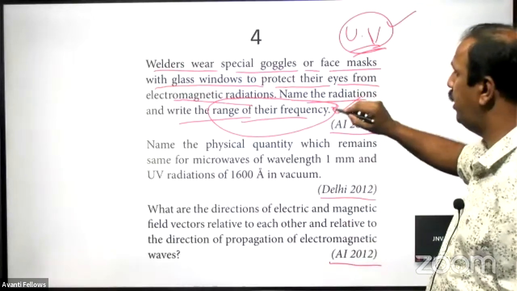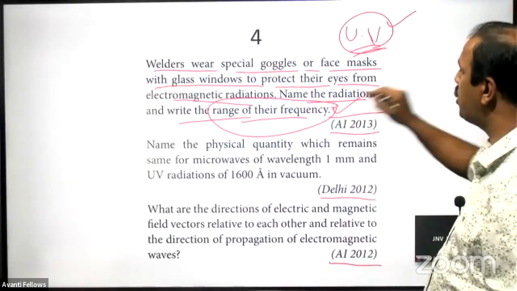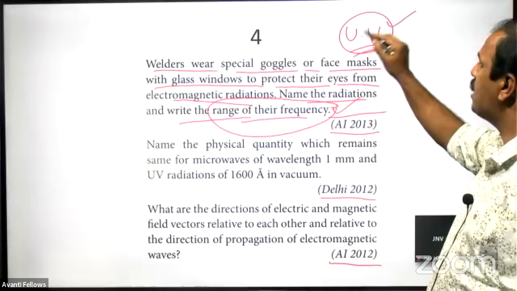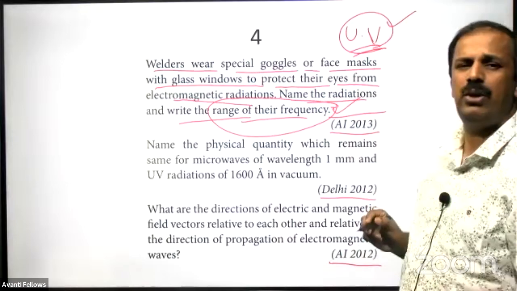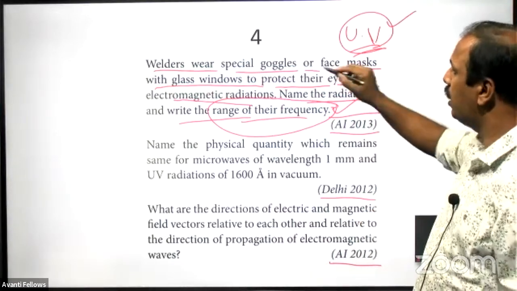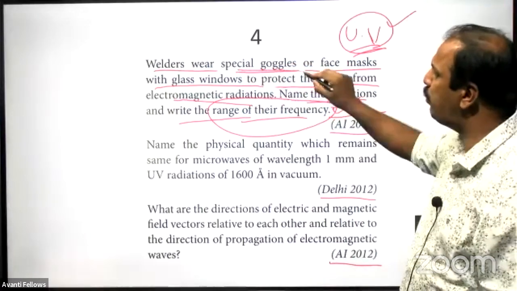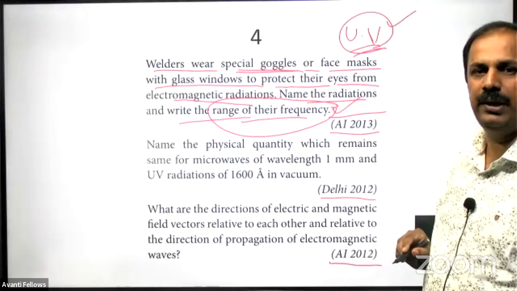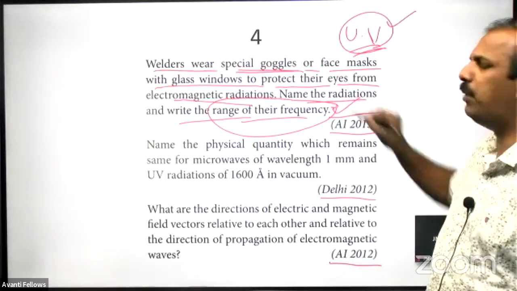Not only this one, they can ask, instead of the frequency range, for another application of this radiation. As it is UV radiation, they can also ask something about the ozone, or what its harmful effects are. If you are able to identify the first part, which is the radiation, then only can you answer the second part. That's why this type of question is important.